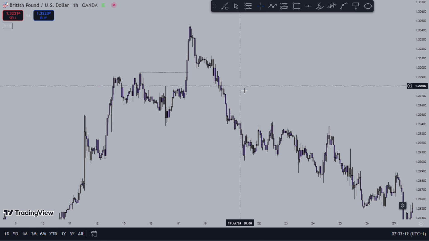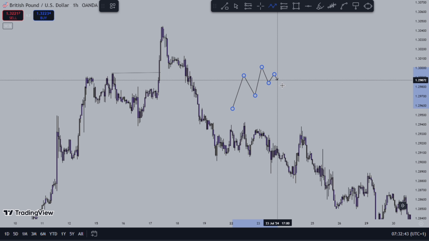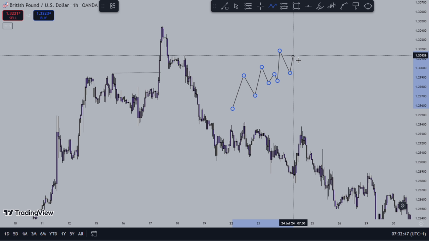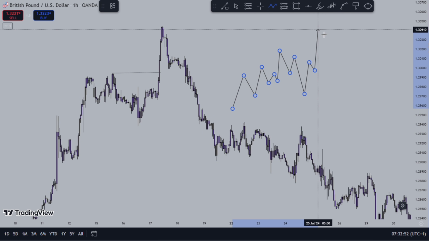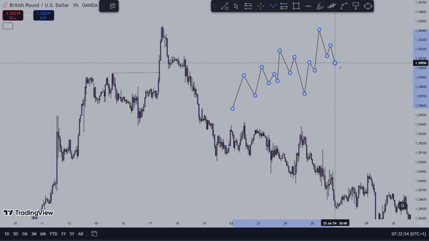What do I mean? Let's say we have something like this that happened. We can see that our first move, the price broke structure, was here.